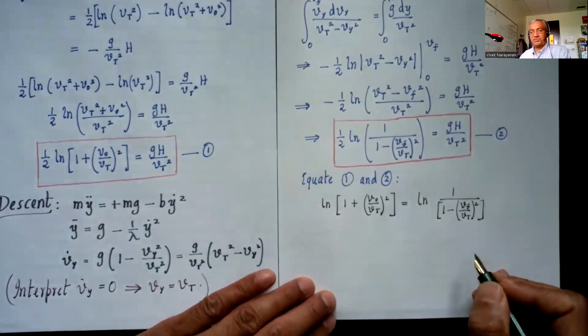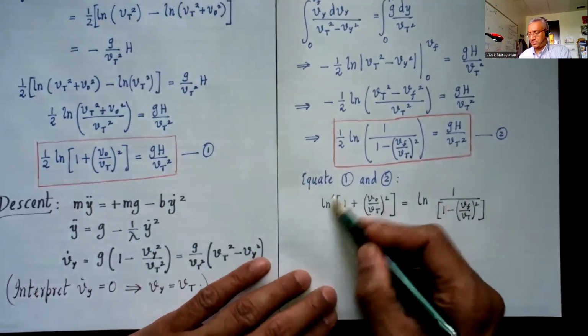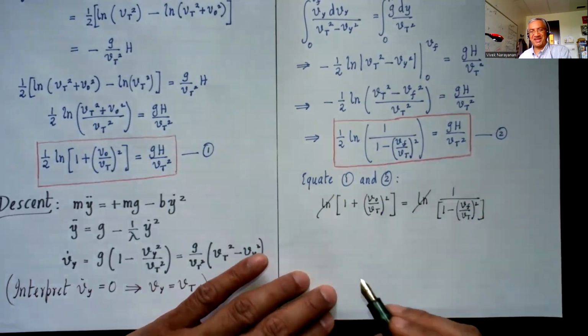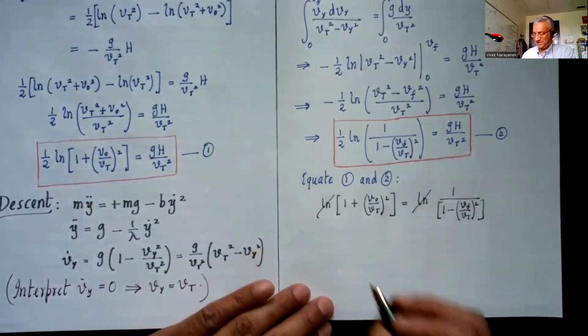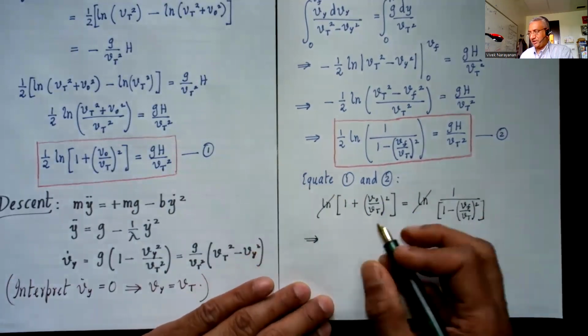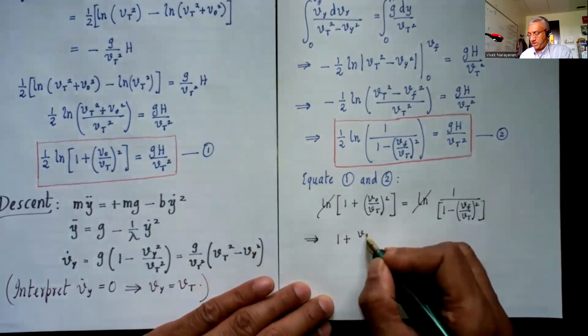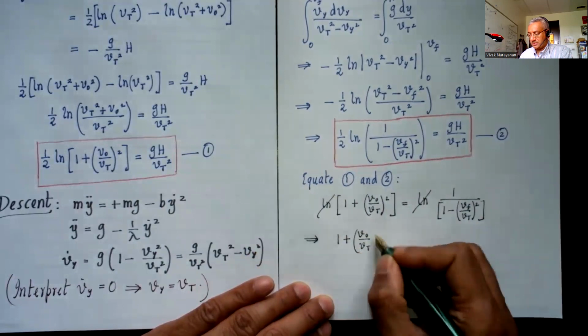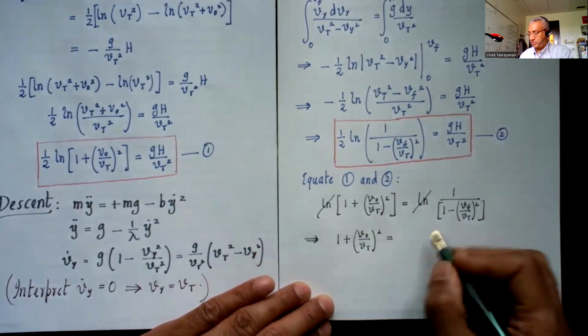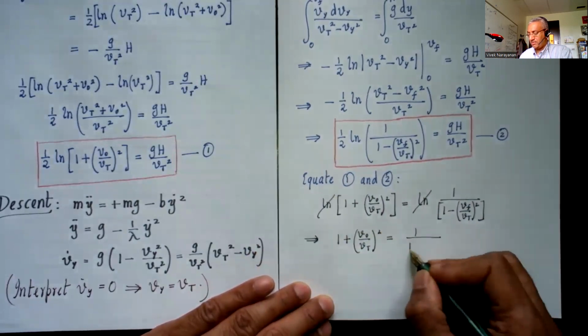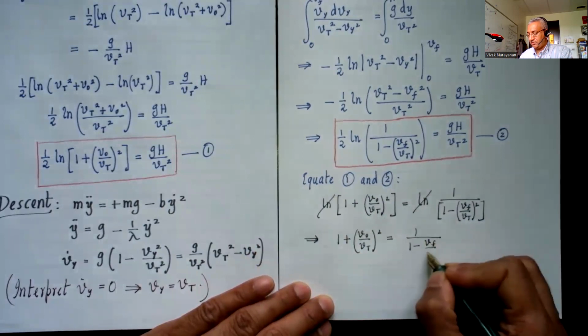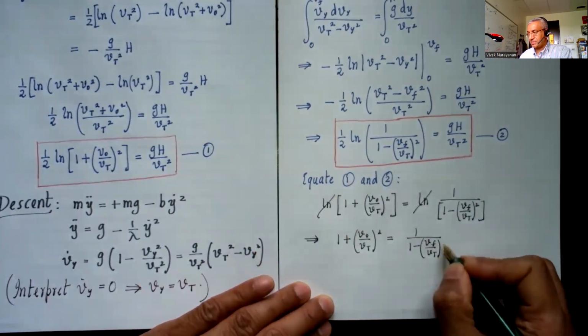Now what I'll do is strip the natural logs from both sides, also known as taking the exponential, for you mathematically savvy folks. So 1 plus v naught over vt, squared, is equal to 1 over 1 minus vf over vt, squared.